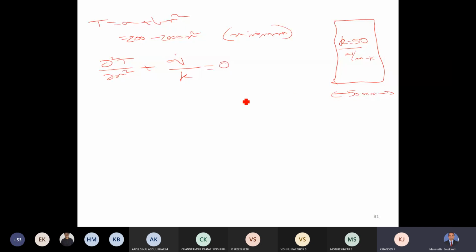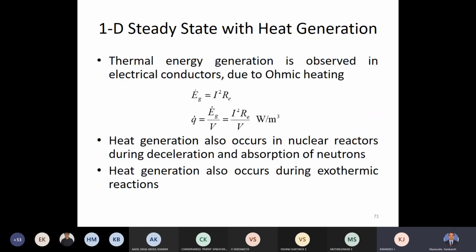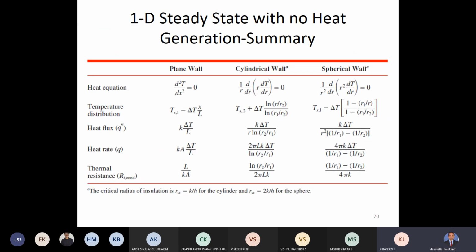So this is the equation for one-dimensional heat conduction with heat generation. This equation we have seen earlier also in the summary. This is the one with no heat generation.